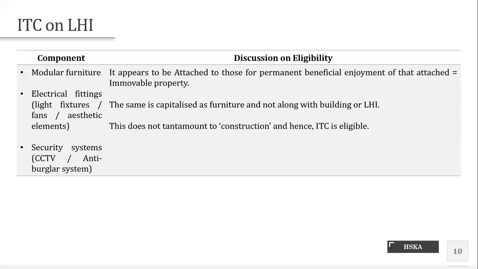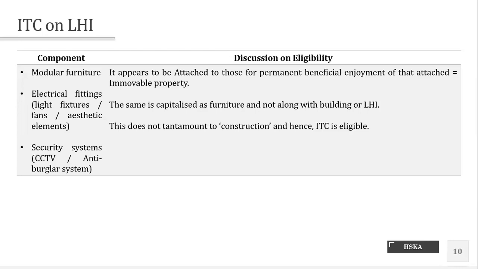Now, the next component is our modular furniture, our electrical fittings, that is your light fixtures, it could be the fan or the aesthetic elements, and then the security systems. Again, it goes back to the same point as sir pointed out, the clarity on fully functional or not.